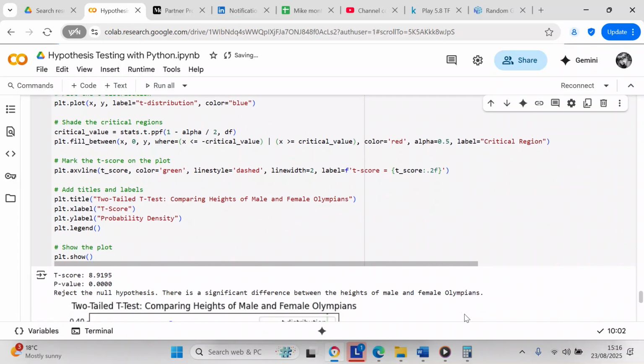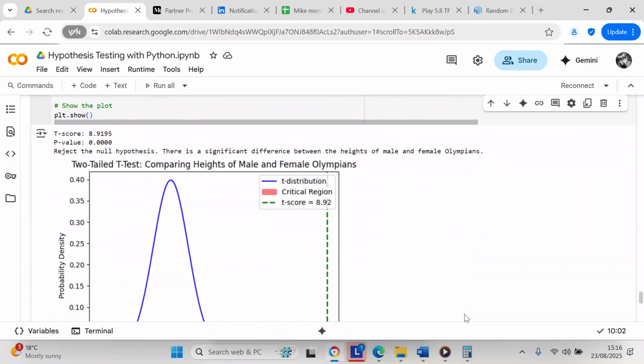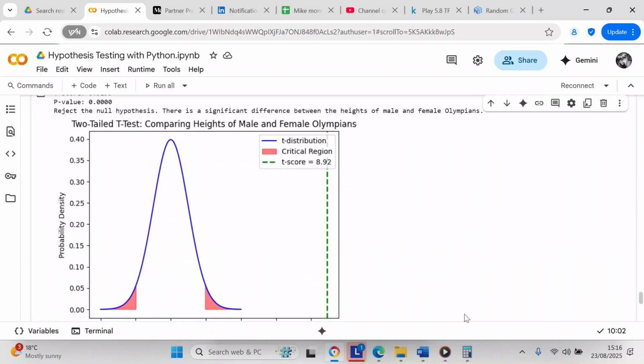So your t-score is 8.9195 and your p-value is 0. And since your p-value is less than the alpha of 0.05, you're going to reject the null hypothesis. There is a significant difference between the heights of male and female Olympians. So this is the graph that we have made.